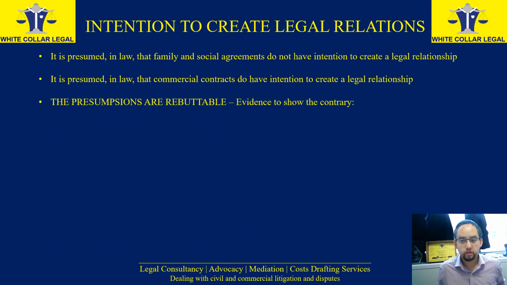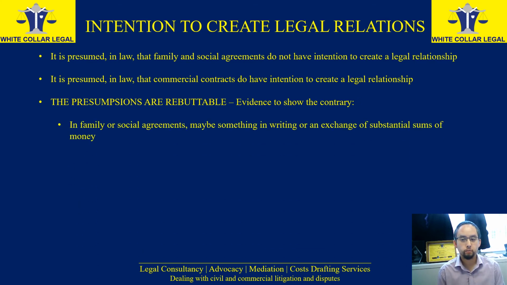But these presumptions are rebuttable, and to rebut them there must be evidence to show the contrary. So for example, in family or social agreements there might be something in writing, or an exchange of substantial sums of money, or perhaps land.